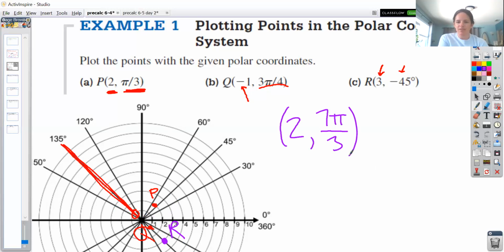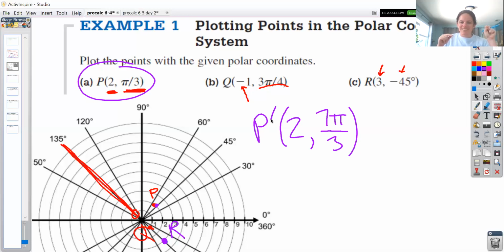So if I go to the angle 7 pi thirds, which would be all the way around once and then another pi thirds around, and I go up to a radius of 2, you can see that that's going to land at point P. So that location on the plane could be represented by point P, or we can call this one P prime. Those are two different coordinates, but they represent the same spot on the plane. And that's a problem. I mean, it's not ideal.